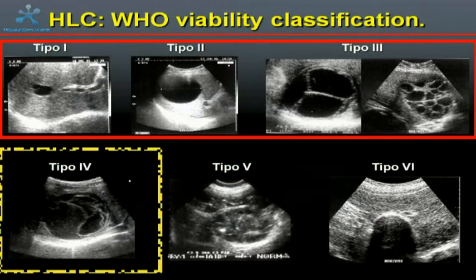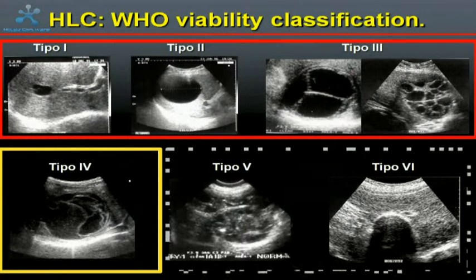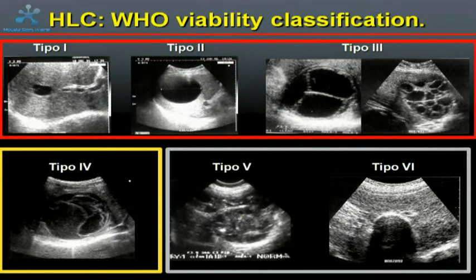Type 4 is still viable but less than the other types. These last two types are usually not viable, so they must just be followed up and don't need any treatment.